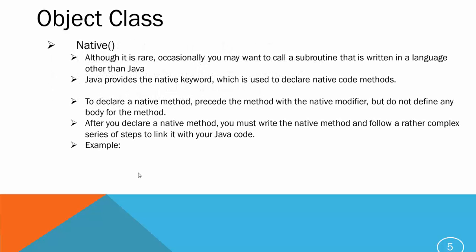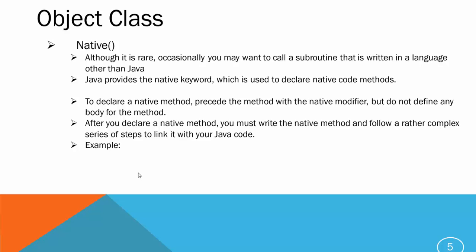Okay, so let's talk more about native. Native is a very rare kind of use. Occasionally you may want to call a subroutine that is written in some other language, say C. So Java provides the native keyword, which is used to declare a native code method.